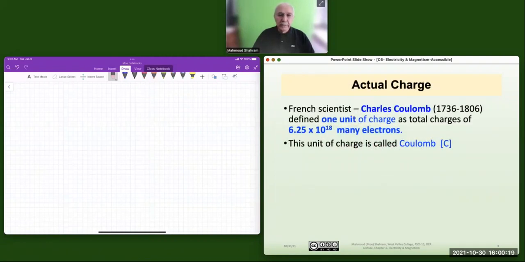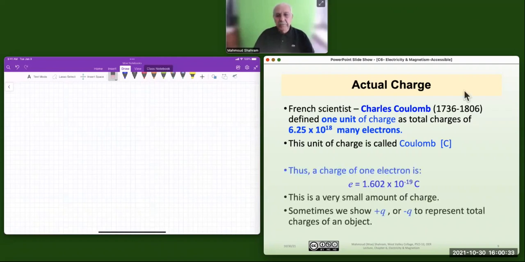We know, and we can experimentally verify this, that these charges have some sort of a force between them. We will discuss that in a minute, but Coulomb was the first to actually assign an amount of charge to an electron.